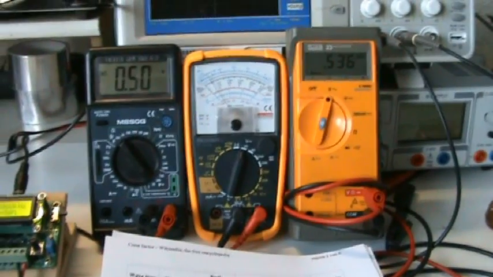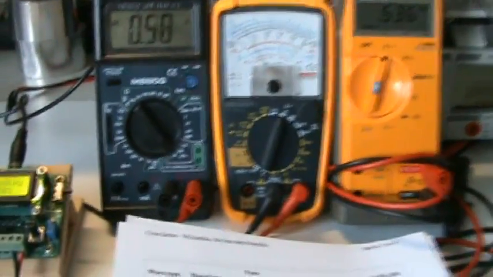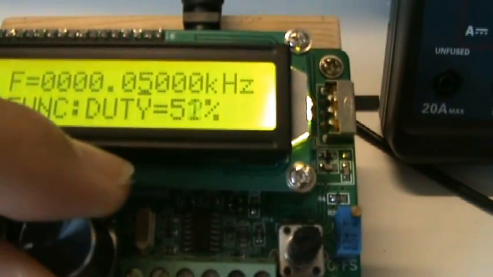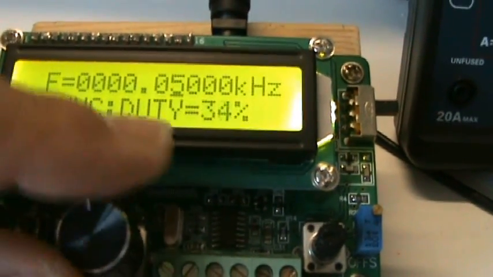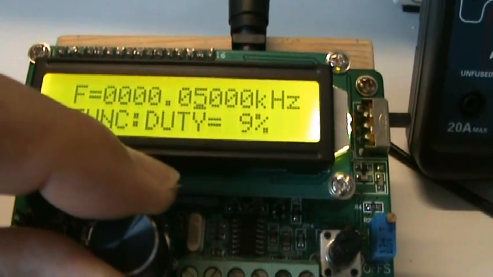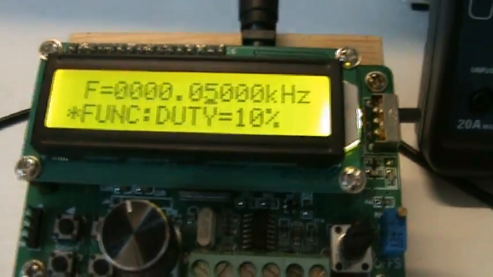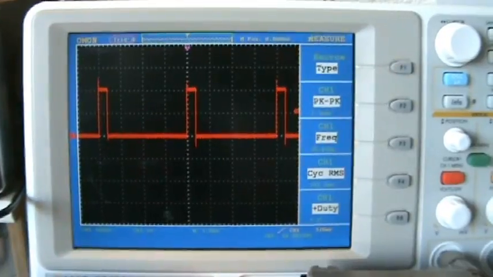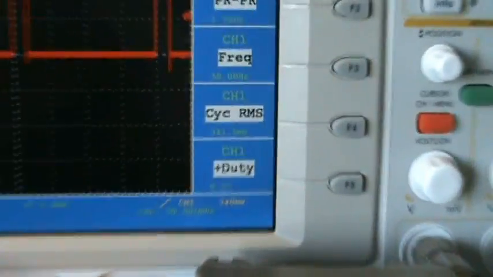So the next step I will do is go down with the duty cycle to 25%. Well, let me go to 10% and start from there up. So I'm at 50 Hertz, 10% duty cycle. Signal looks like this.